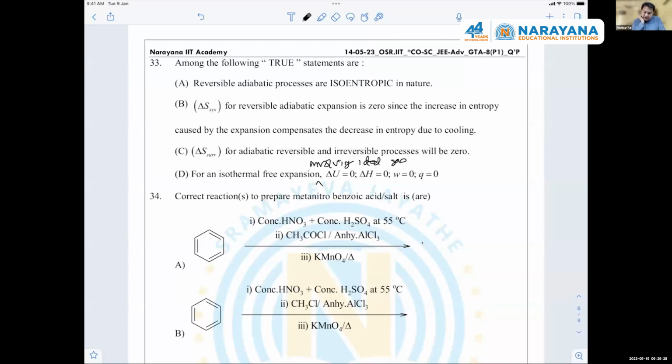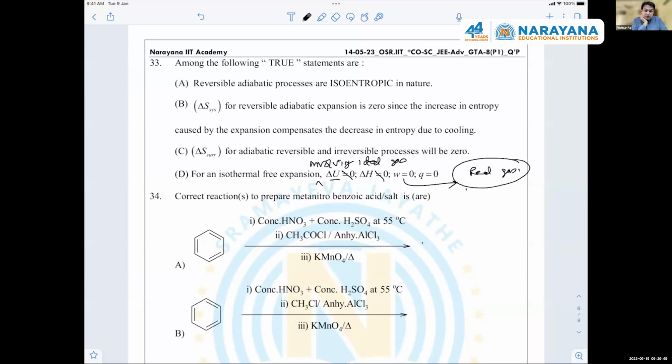Because if it is not an ideal gas, delta U will not be equal to 0, delta H will not be equal to 0. Only W will be equal to 0 if the gas is a real gas. Is that understood? Only W will be 0.